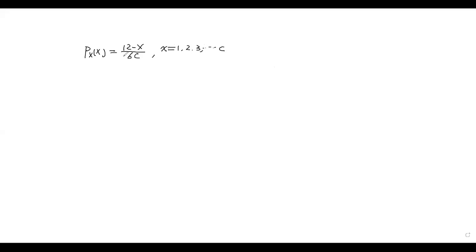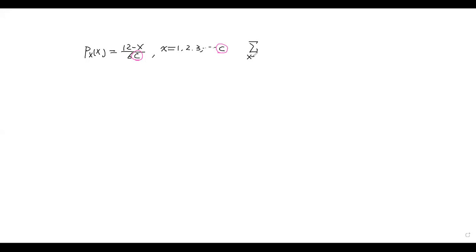Like we mentioned, we have a constant C here and a constant C here. So in order to find the probability X greater than or equal to 9, we probably need to solve for C first. Because if this is the PMF, just like a continuous random variable, where you integrate over the whole domain and it equals 1.